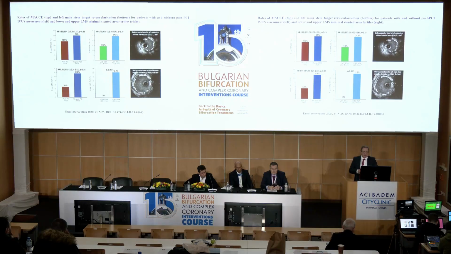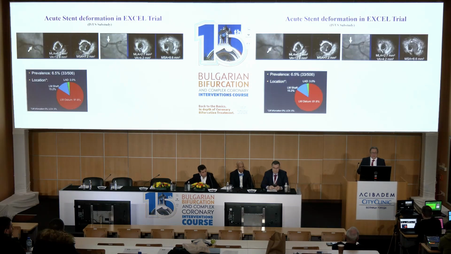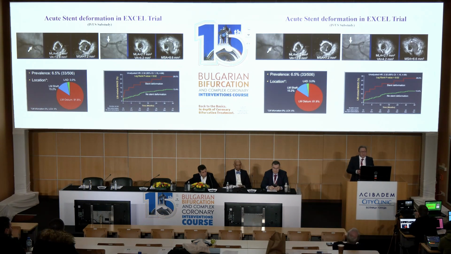Here is a paper showing how important post-stent implantation IVUS inspection is to improve this area. In this particular case, you see that after good redilatation, the minimal stent area was doubled. That is very, very important.